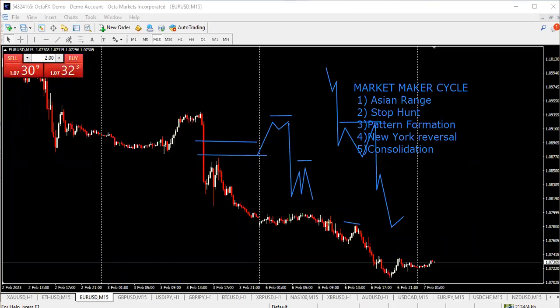Yesterday, I saw a perfect Asian range. This played out like a textbook. And mind you, it is not every time that you're going to see the market playing out exactly this way. Sometimes you might not even see any Asian range.